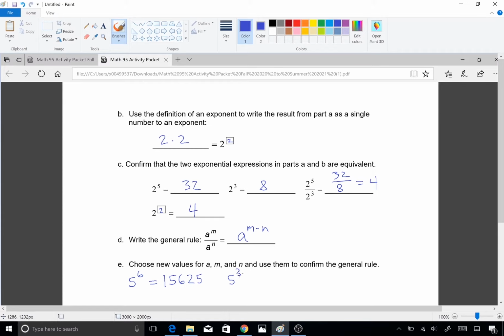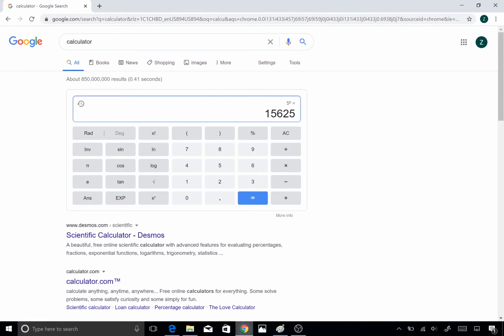And 5 cubed, I happen to know off the top of my head, is 125. 5 to the 6th divided by 5 cubed by the quotient rule would be 5 to the 6th minus 3, which is 5 cubed, and that would be 125. So checking it on the calculator, 5 to the 6th divided by 5 cubed equals 125, which is 5 cubed.